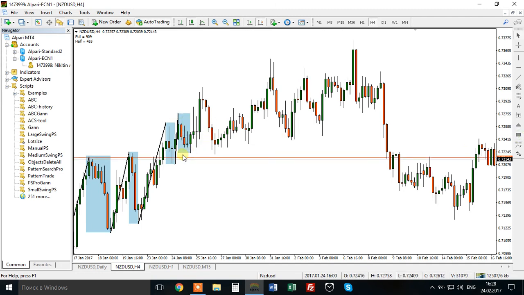Okay, we have correction here. It is valid because it is of the same size of the previous correction. Uptrend continues. When price is trending, it is like a tendency. We move to the upside, to the upside, to the upside until we actually install a downtrend. Until we start moving to the downside.